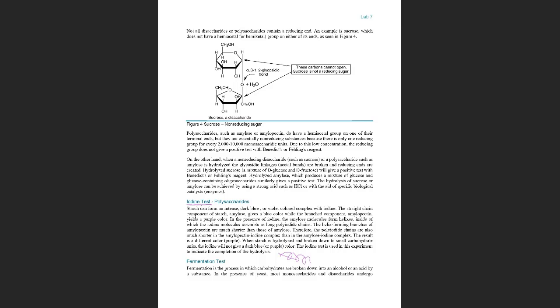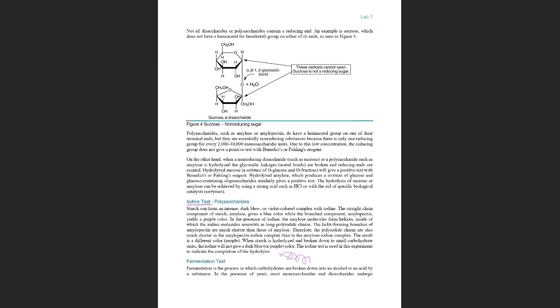And starch forms a dark blue color complex with iodine. So the straight chain component of the starch, that is amylose, will give you a blue color, and the branched component, amylopectin, will give you a purple color.